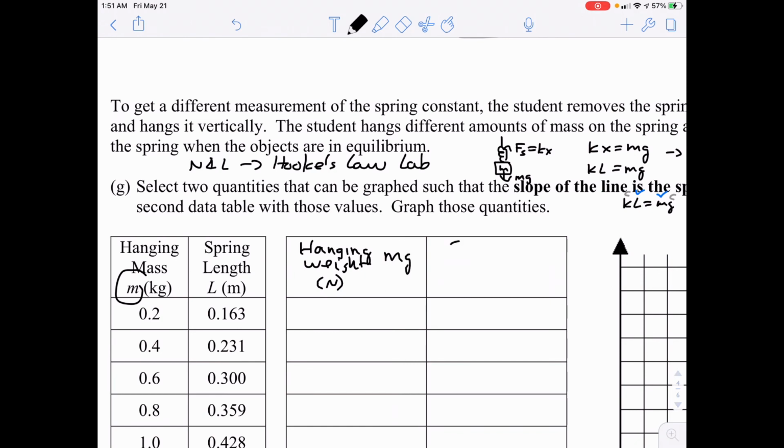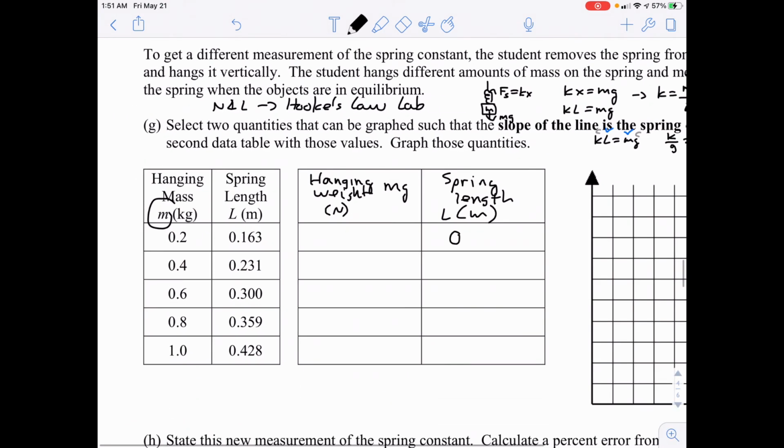And then you still have spring length x, or spring length L, which is what they're calling it in this problem, in meters. I'm just going to copy that down exactly the way it was because I don't need to change it.